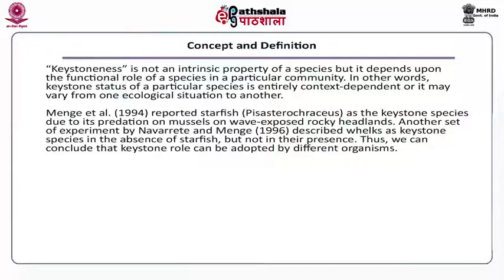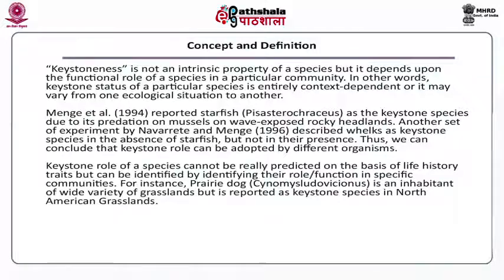Another set of experiments by Navarrete and Menge in 1996 described whelks, a kind of snail, as keystone species in the absence of starfish, but not in their presence. Thus, we can conclude that the keystone role can be adopted by different organisms.